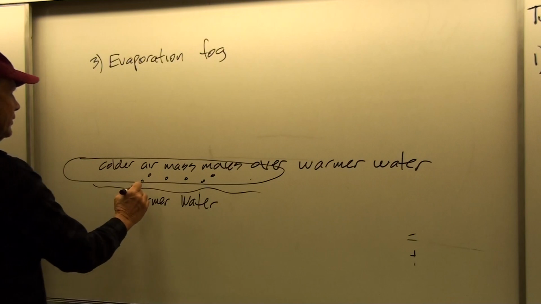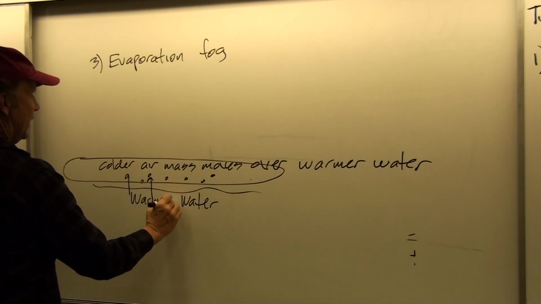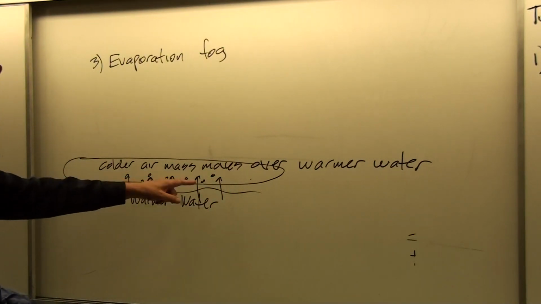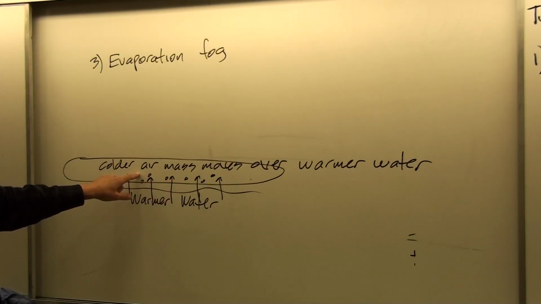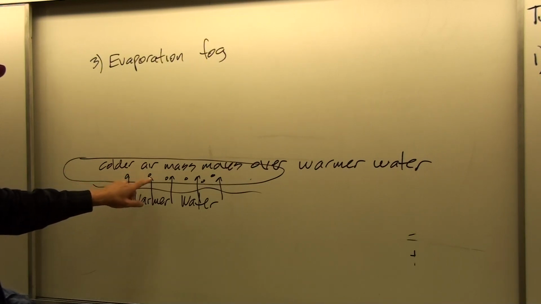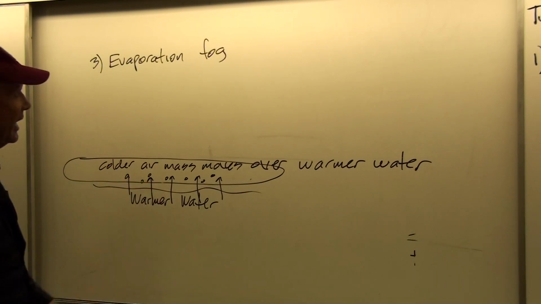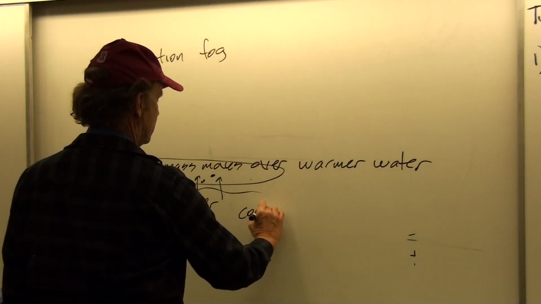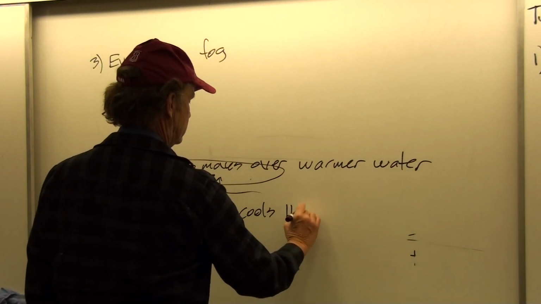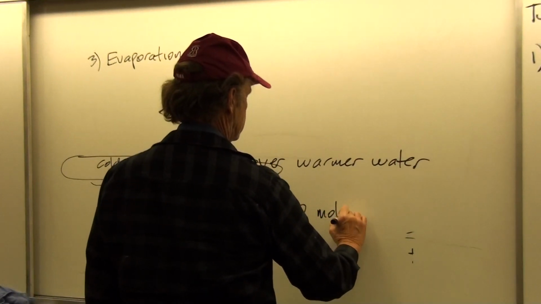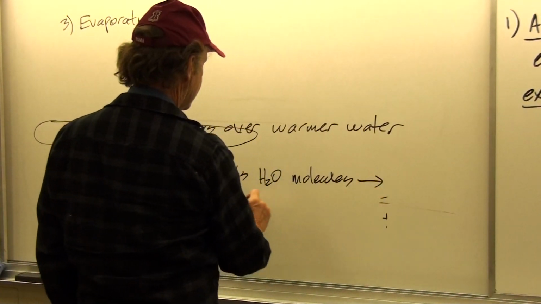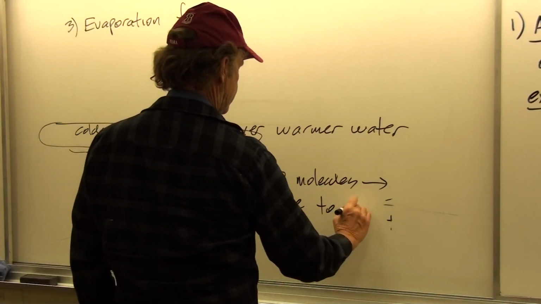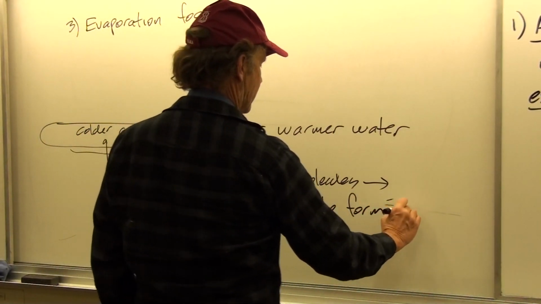Well, you get evaporation, and so these water molecules evaporate into the colder, drier air mass, but because the temperature has dropped, this cools the water molecules. And so they condense to form fog.